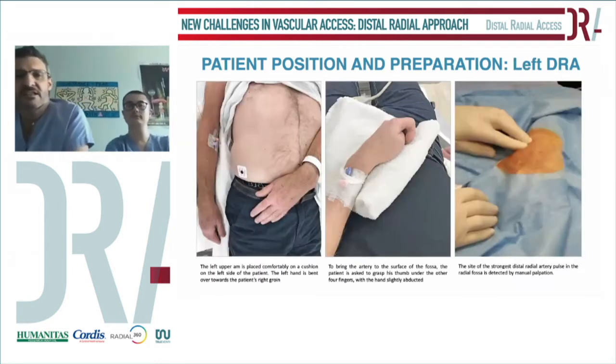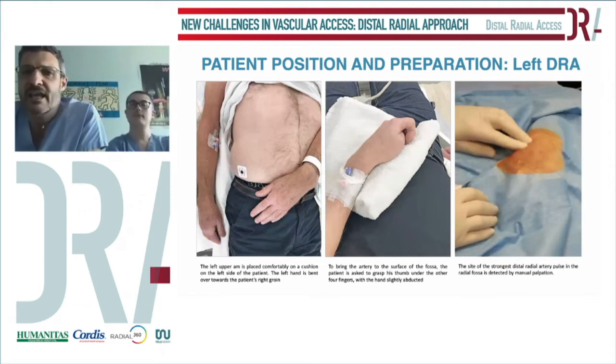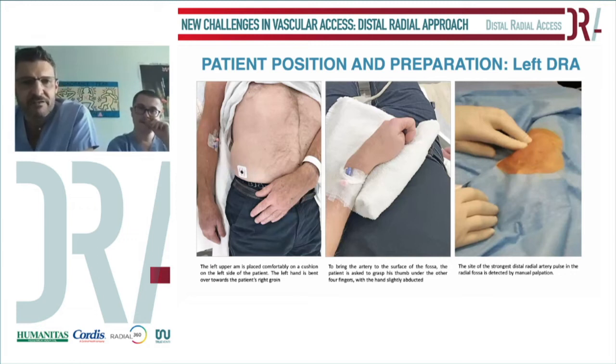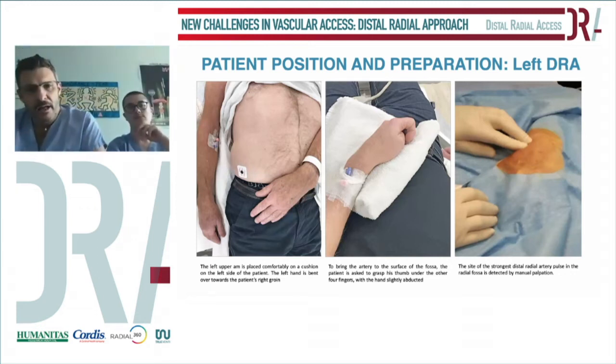So this is the patient preparation in case of left distal radial access. In this case, the left upper arm is placed on the left side of the patient on a cushion, and then the left hand is bent over the right groin of the patient.